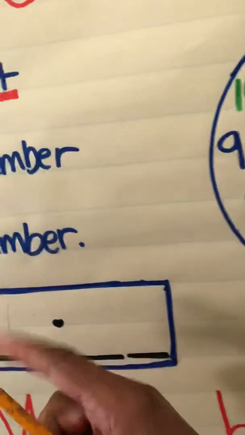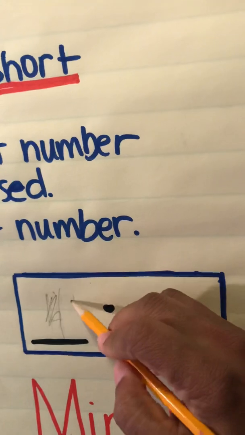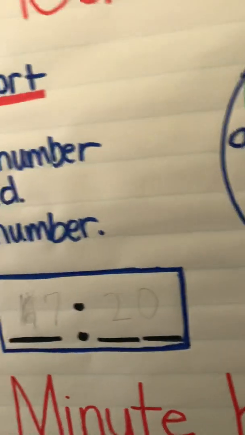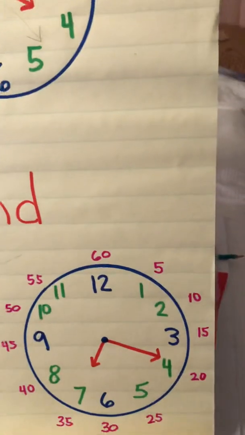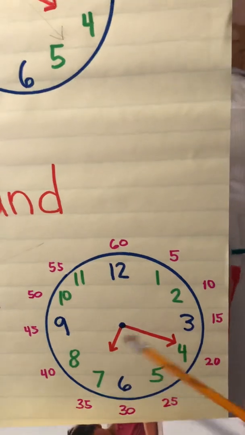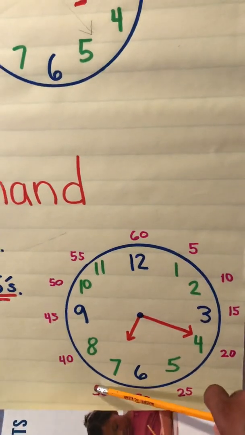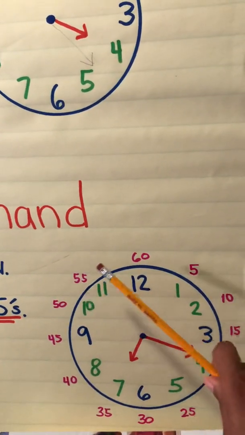So on the second clock, I have to write a different time. It says 7:20. And that's how that looks. Now, let's keep counting by 5s and see what other minutes we could include. 20, 25, 30, 35, 40, 45, 50, 55, 60.